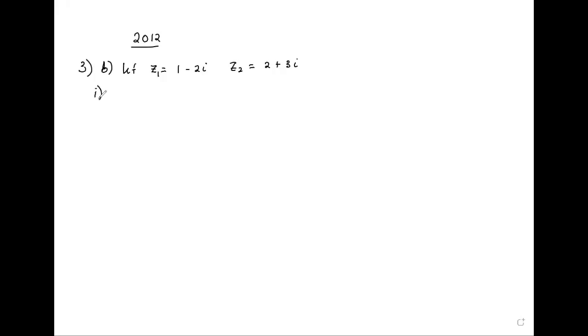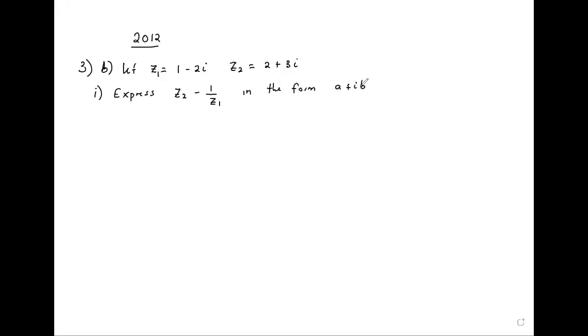Express z2 minus 1 over z1 in the form a plus ib, where a and b are real numbers.